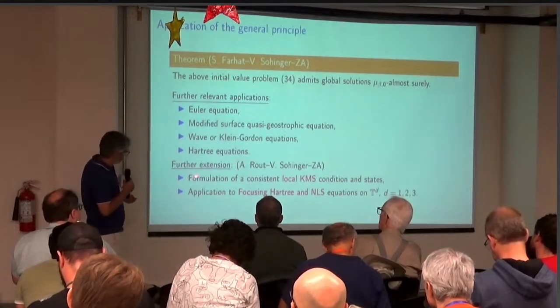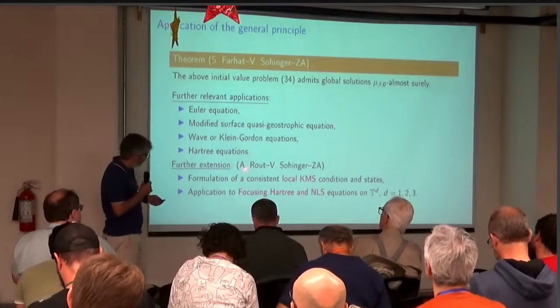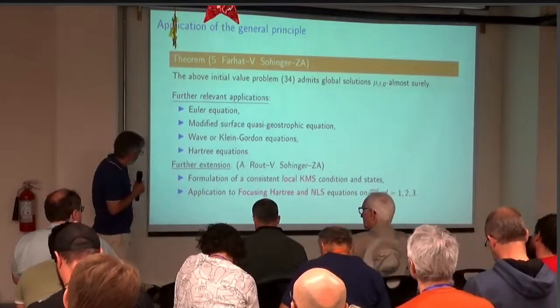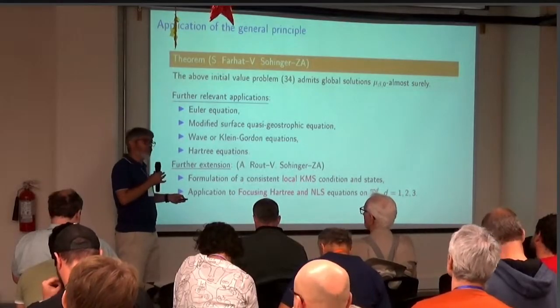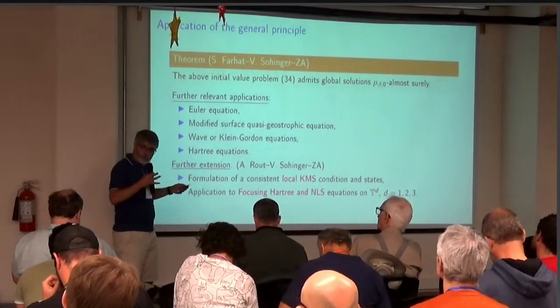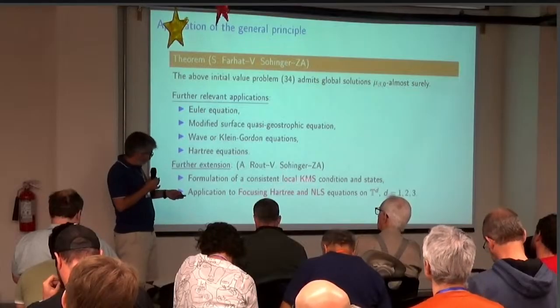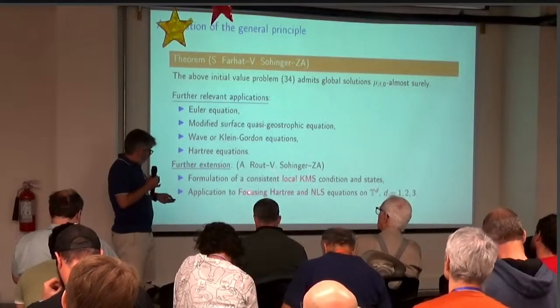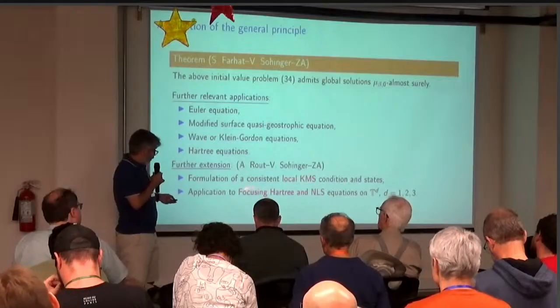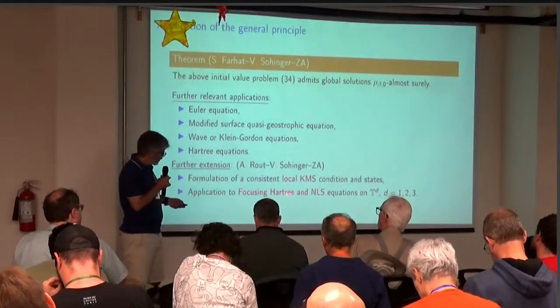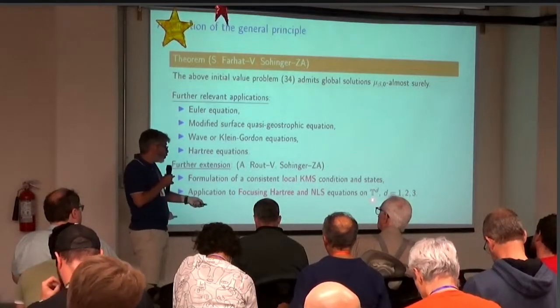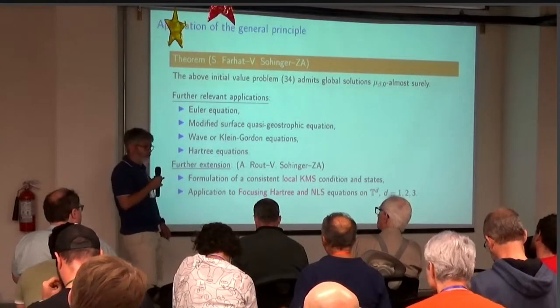We extended this with the work with Andrew and Vedran, where we formulated a sort of local KMS condition. It is only a local KMS condition, not a global one, and thanks to it we can define global solutions for focusing R3 and NLS equations on the torus in these dimensions.